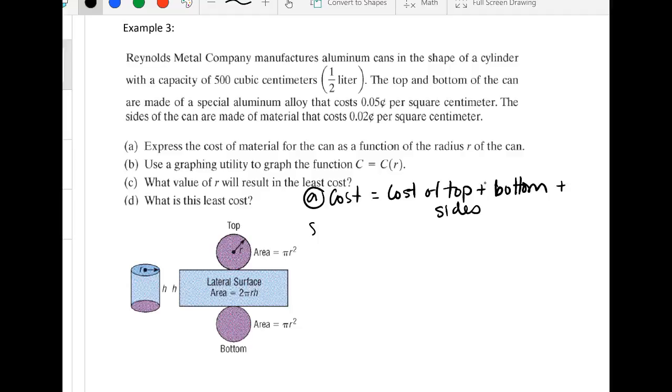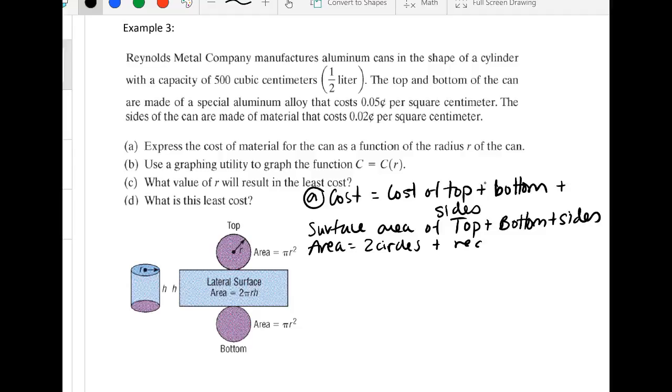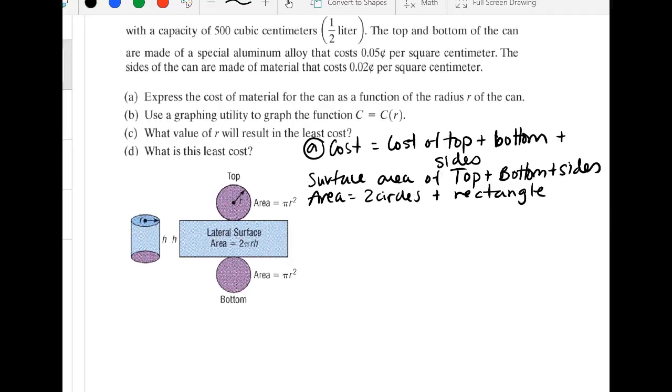So that means I need the surface area of top plus bottom, because they're both circles, and then the sides, which is really the rectangle. So how do I find the area of the top and bottom? So area equals two circles plus a rectangle, and then we're going to calculate the cost in just a little bit.